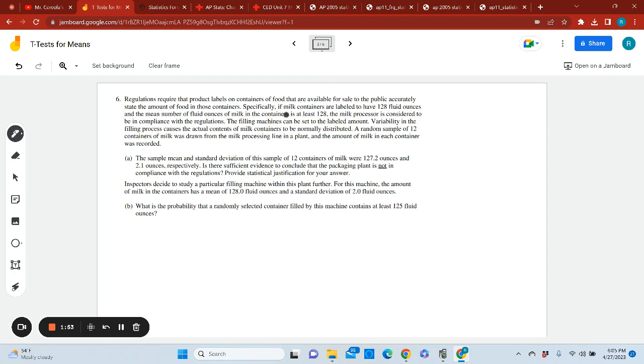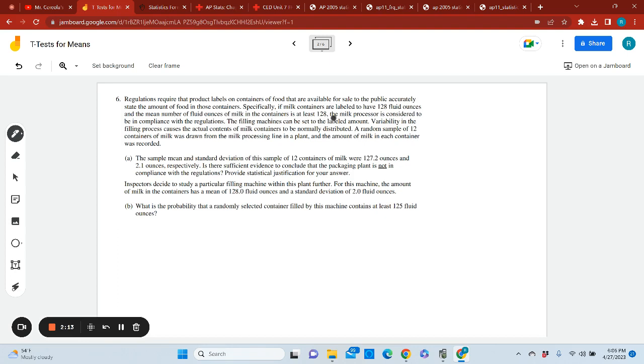This one I believe is going to be a one sample t-test. So we'll start with a one sample t-test. All right. This thing says regulations require that product labels on containers of food that are available for sale to the public accurately state the amount of food in those containers.